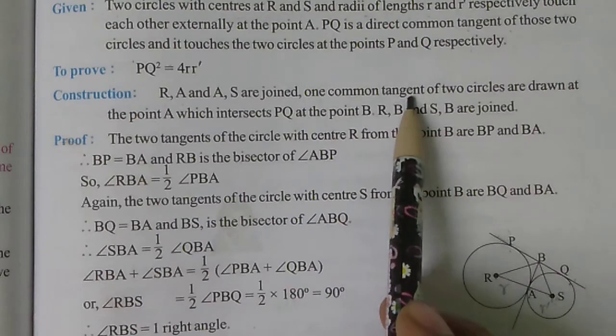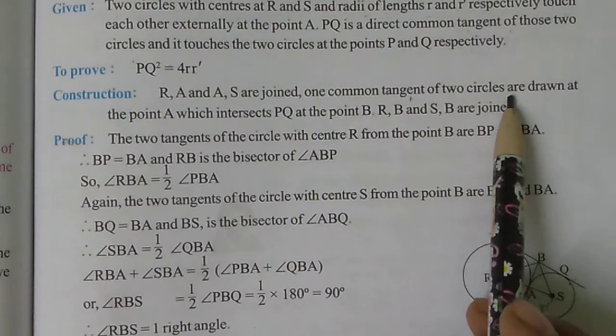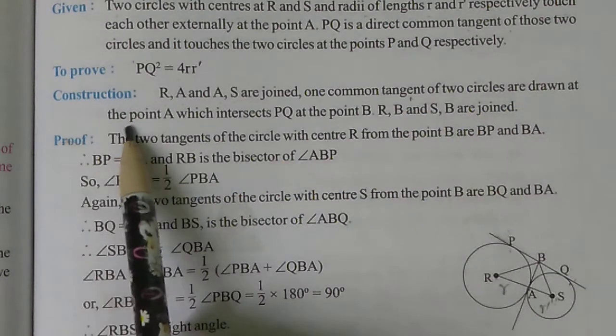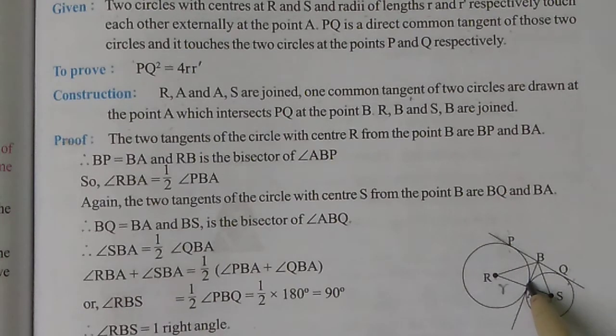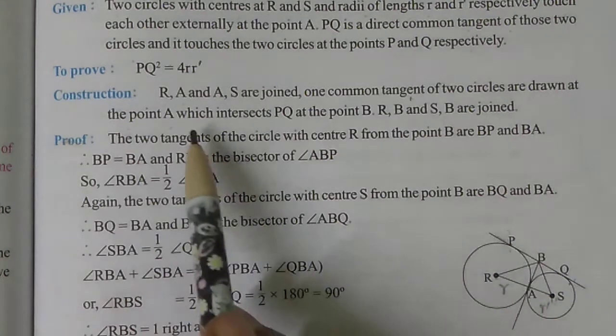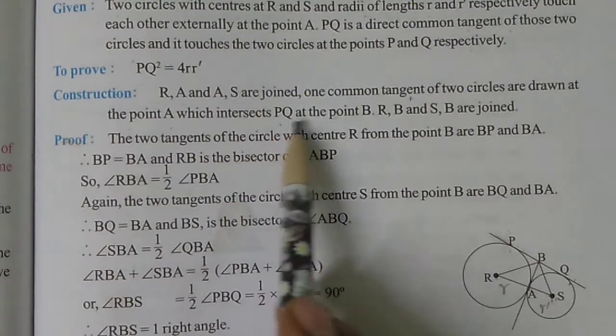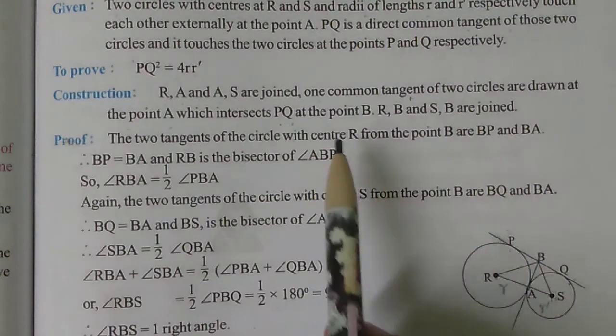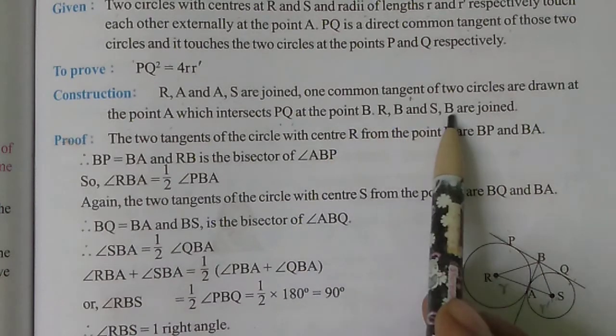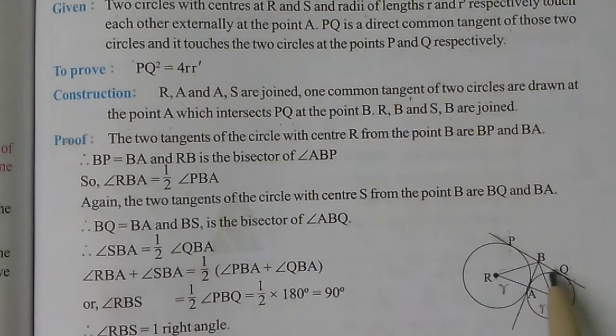One common tangent of the two circles is drawn at the point A, which intersects PQ at the point B. RB and SB are joined.